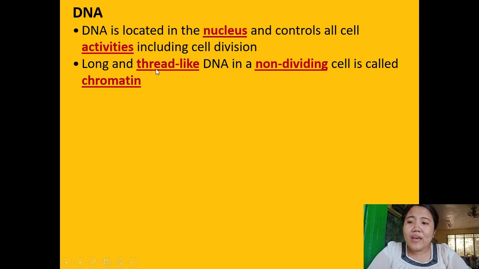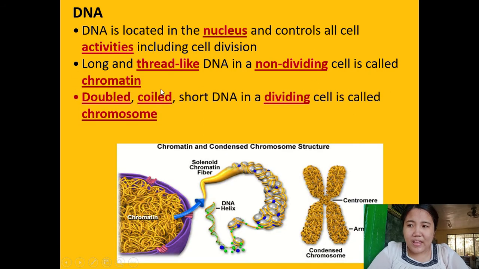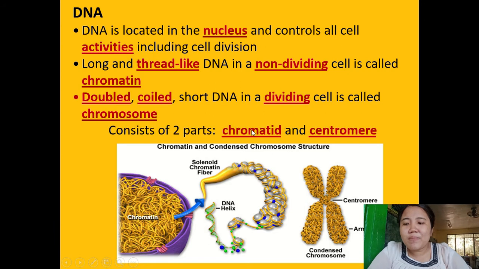So, long and thread-like DNA in a non-dividing cell is called chromatin. And double-coiled short DNA in a dividing cell is called a chromosome. So, I have here a picture. Actually, this is DNA.